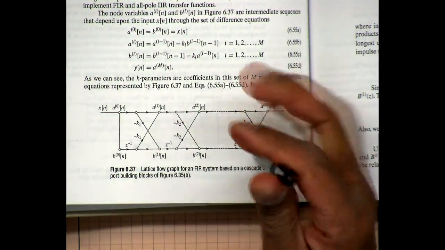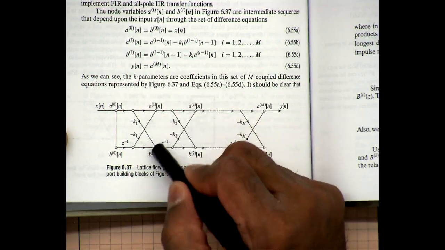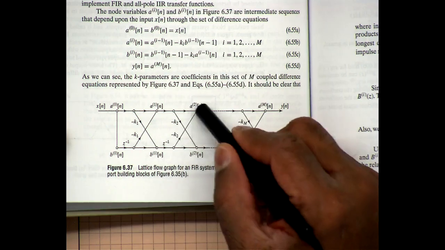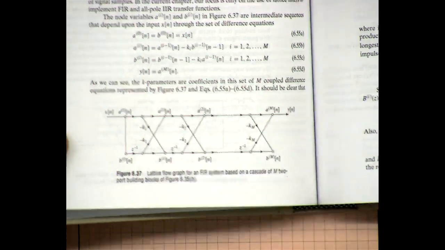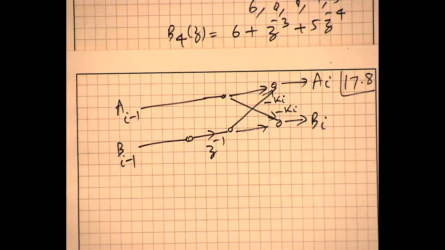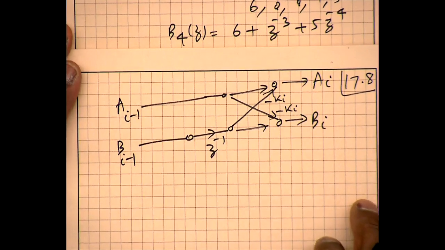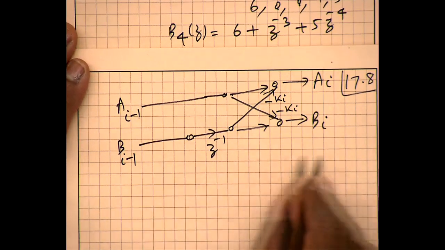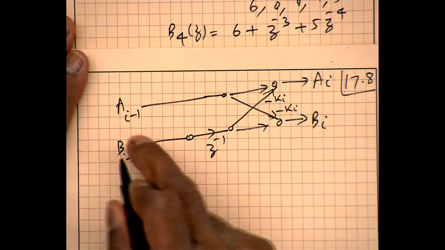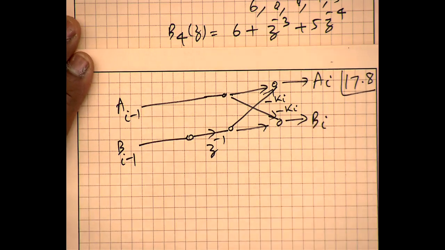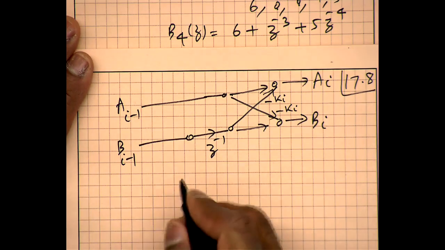So each lattice stage, if you look at what is going on, we are taking the previous stage output, bottom path delayed, and multiply by minus K and add. Keep doing that, as many stages. If it is 100th stage, then we have 100 of these stages. By the way, B(i-1) is the reverse polynomial of A(i-1). Bi is the reverse polynomial of Ai.